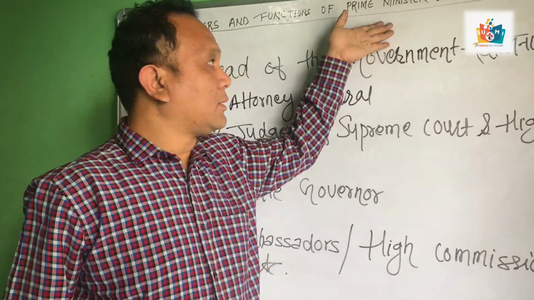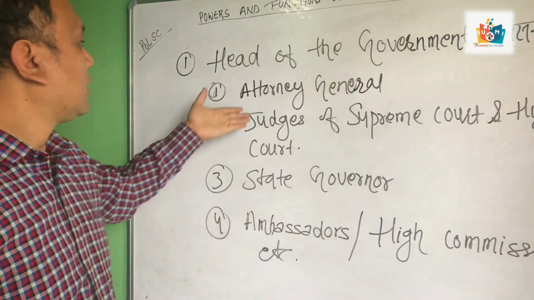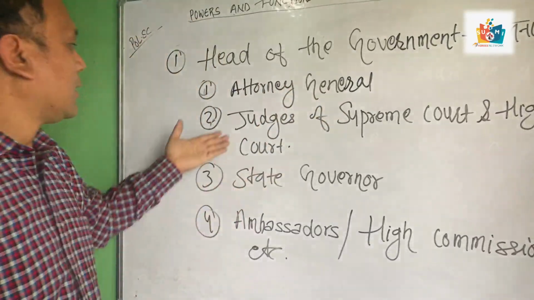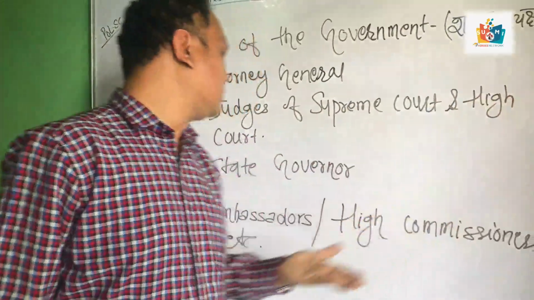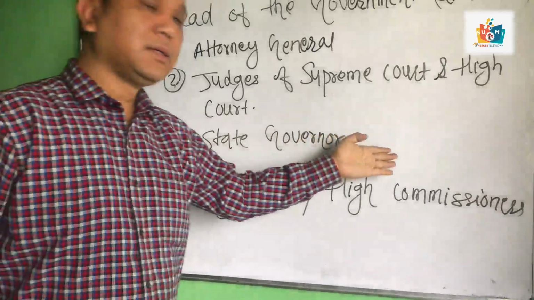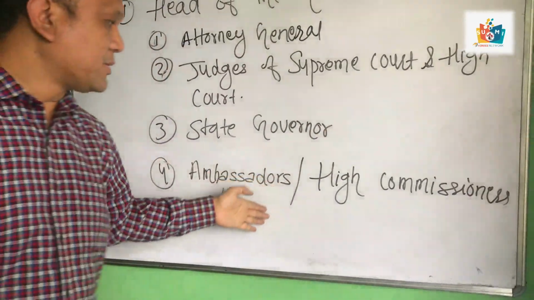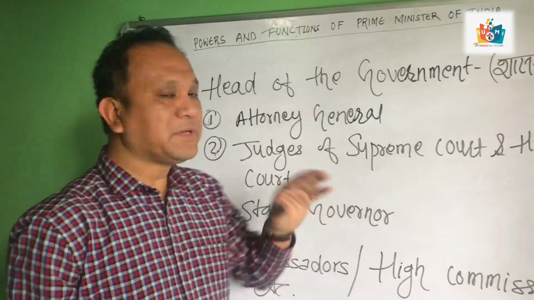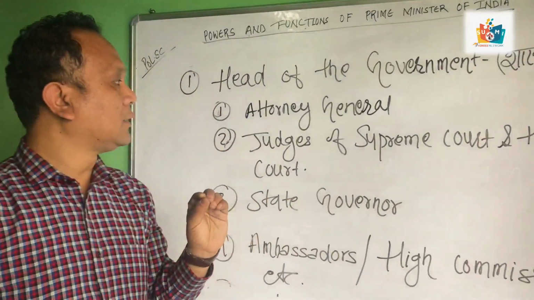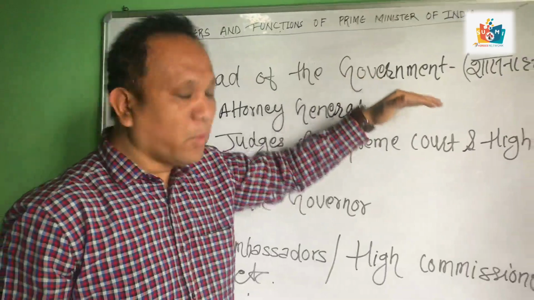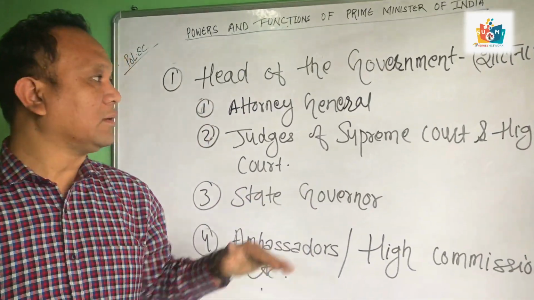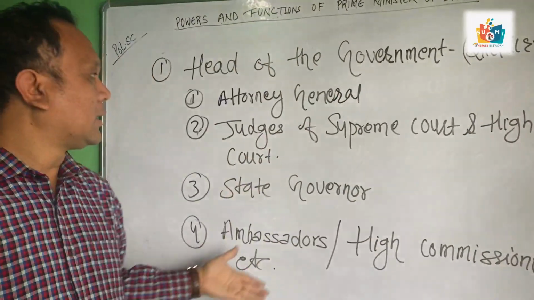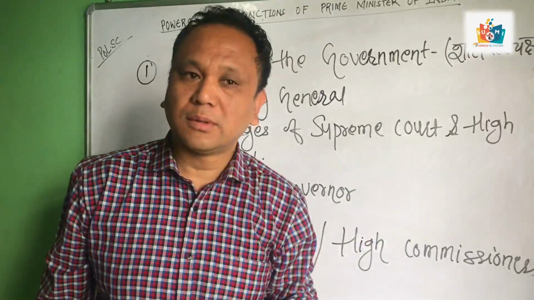Let me repeat it once again. The Prime Minister appoints the Attorney General, judges of the Supreme Court and High Court, state governors, ambassadors, high commissioners, etc. Now let me tell you that the appointing authority of these dignitaries is the President.